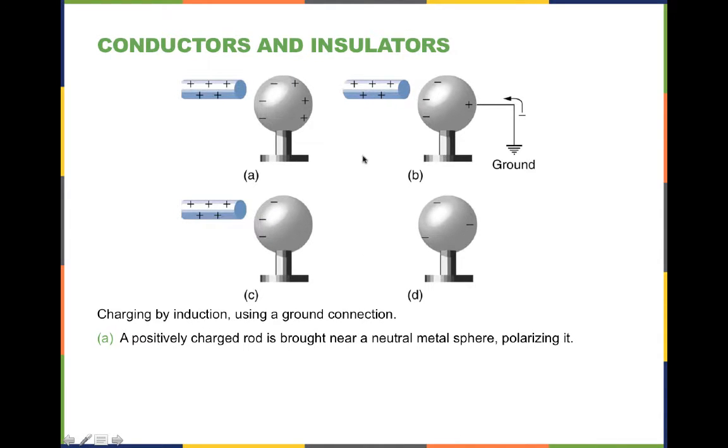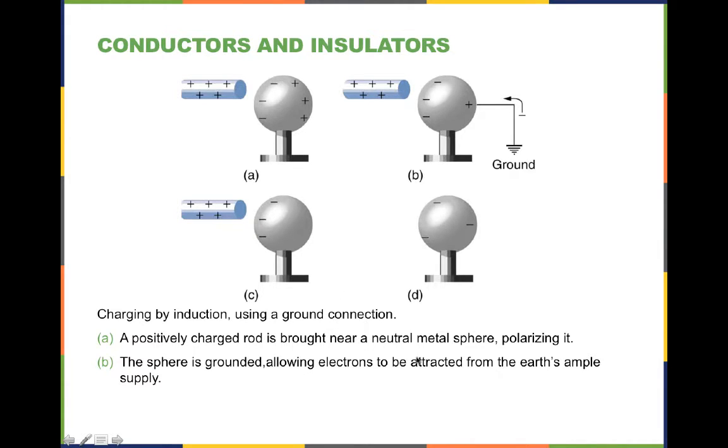You can charge by induction with a ground. You start out again with a single sphere, instead of two spheres. You move the rod close. The negatives are attracted, the positives move away. With the rod still in place, you then attach a ground, which allows electrons to be attracted from the Earth's ample supply of electrons.